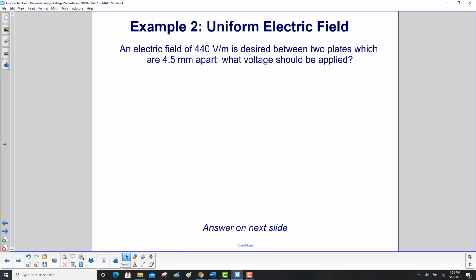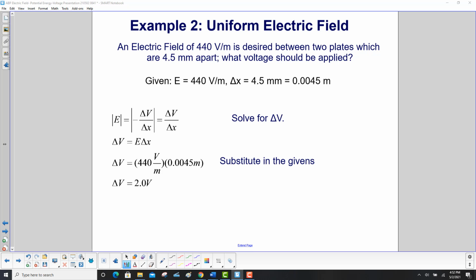An electric field of 440 volts per meter is desired between two plates which are 4.5 millimeters apart. What voltage should be applied? Here's our electric field, and this time instead of newtons per coulomb, it's volts per meter. Same thing. We have to convert the distance between the plates to meters, and you move the decimal over 3 to convert millimeters to meters.